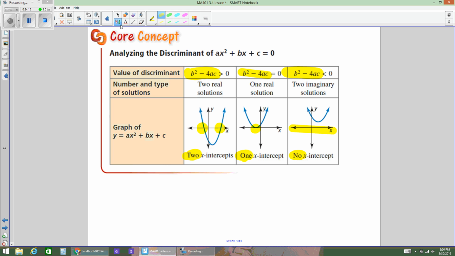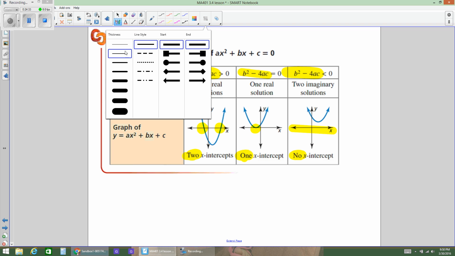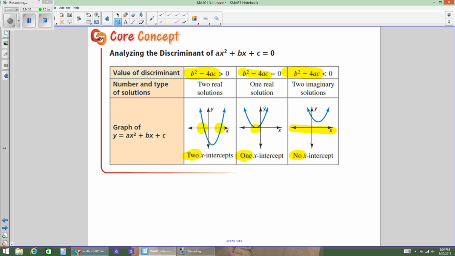So basically the way I think about it is, if the discriminant is positive, you have 2 real solutions. If the discriminant is 0, then you have 1 real solution. And if the discriminant is negative, then you have no real solutions. Instead, you have 2 imaginary solutions.